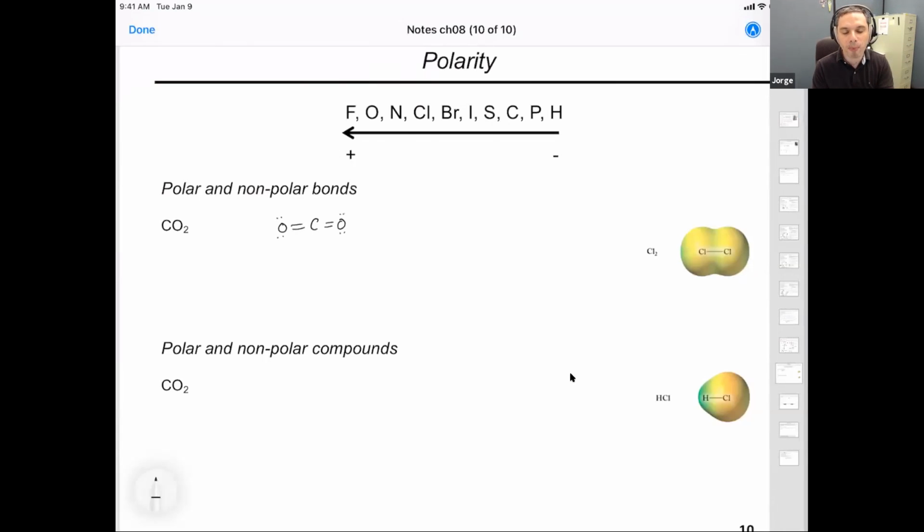So the polarity will tell you if those electrons shared between carbon and oxygen are closer to one of the atoms or if they are equally shared. Because the compound is symmetrical, with double bonds on both sides, we are just going to analyze one of the sides to be more convenient.